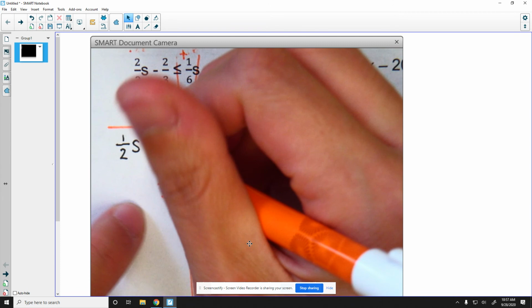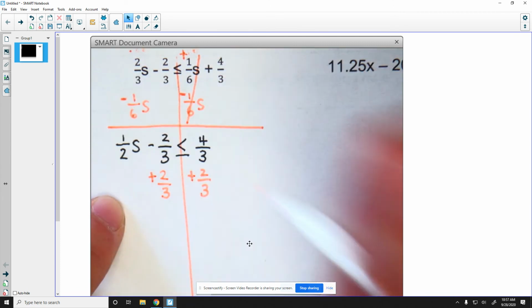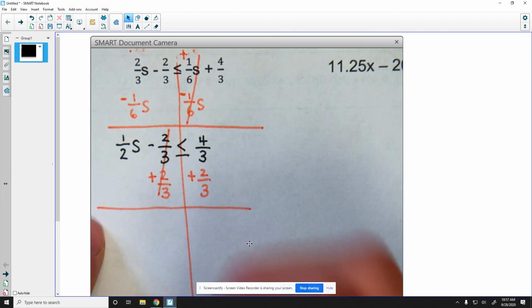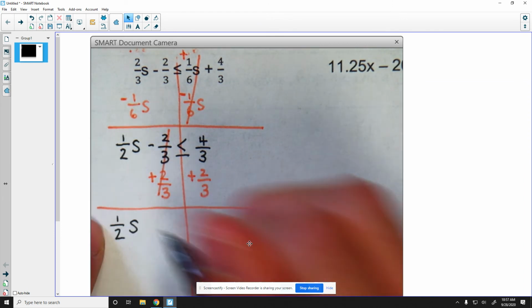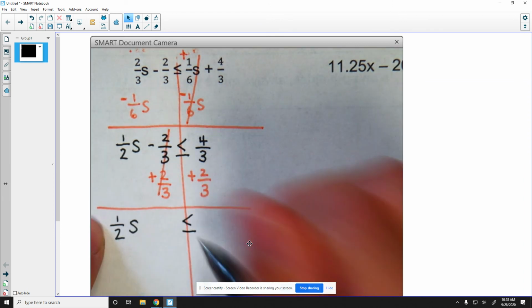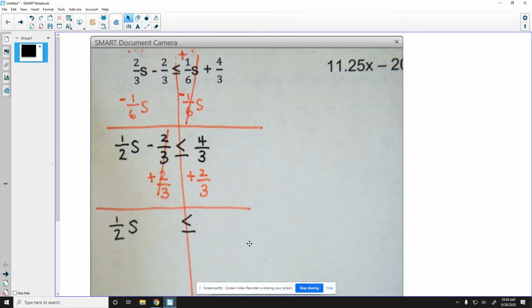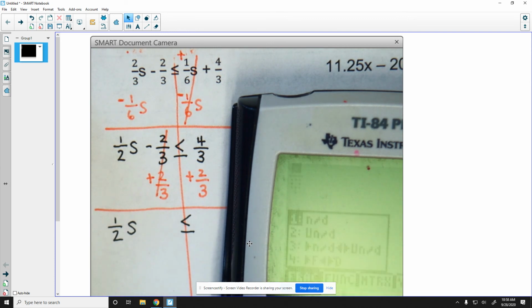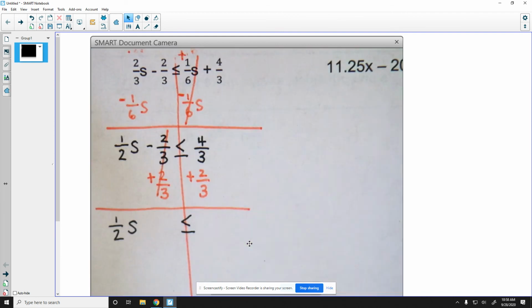Thank you. Positive. So opposite of negative is positive. So I'm going to add 2/3 to both sides. So left over then, I have 1/2 S. I have my symbol. And then 4/3 plus 2/3. Again, I don't know, but I have a calculator. Alpha Y equals enter. Right, 4/3 plus 2/3. Type it in your calculator. You get 2.